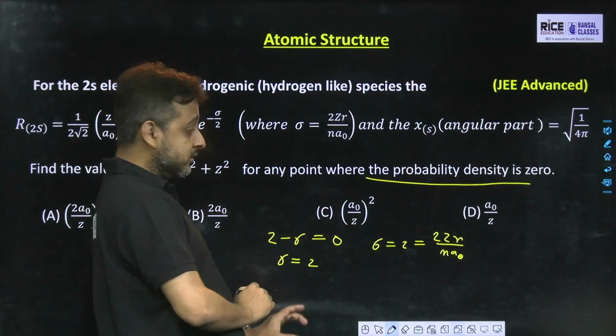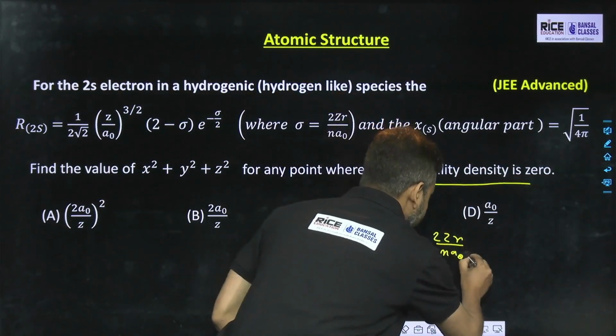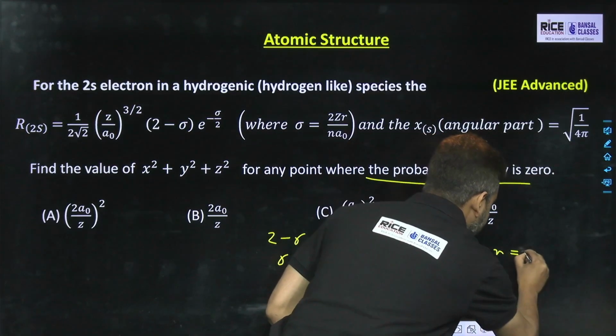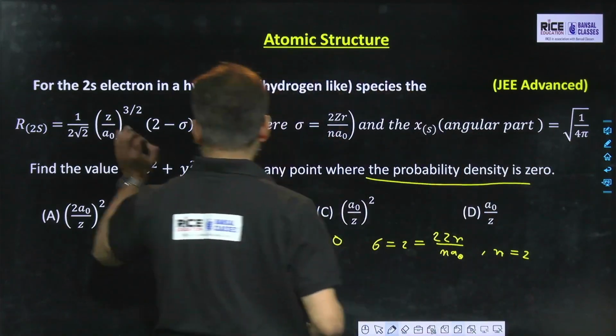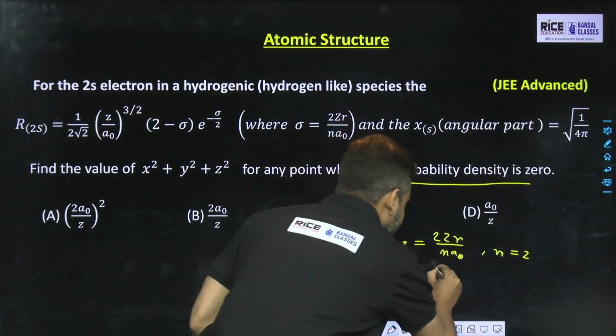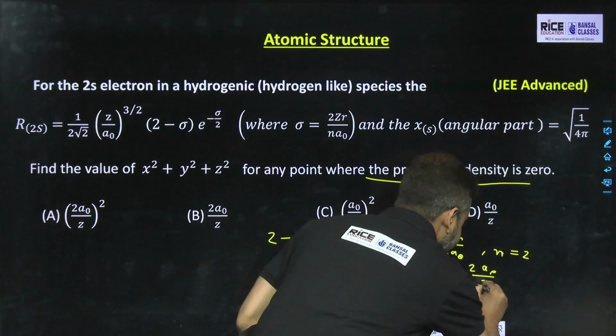From this equation we can easily calculate the value of r, and if we put n equals 2, because we are talking about the 2s orbital, the value of r will come as 2a naught by Z.